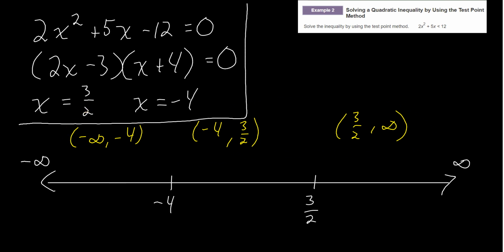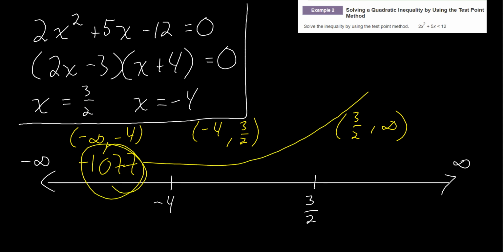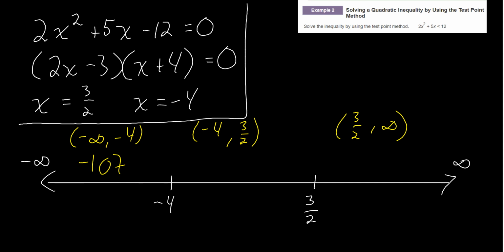I can choose, if I wanted to, -1077. But what I'm doing here is taking this number and plugging it into my original inequality and seeing if it's a true statement or a false statement. And I'm not in a hurry to square -1077. So I'm going to choose the smallest number I can, which would be -5.